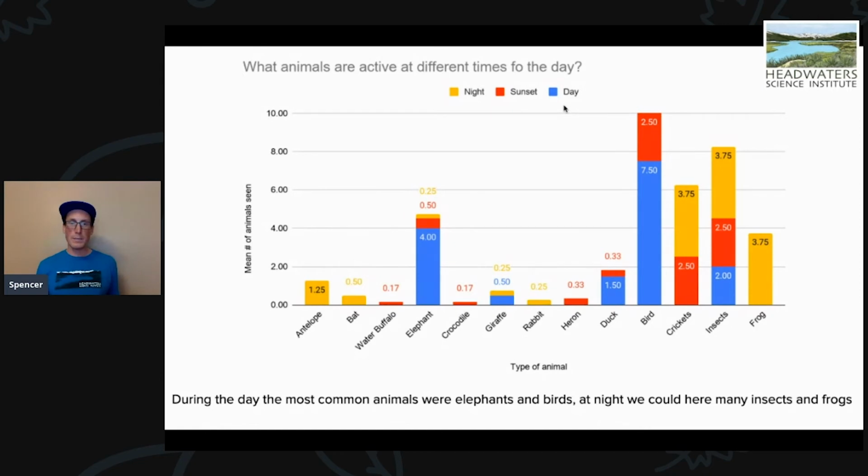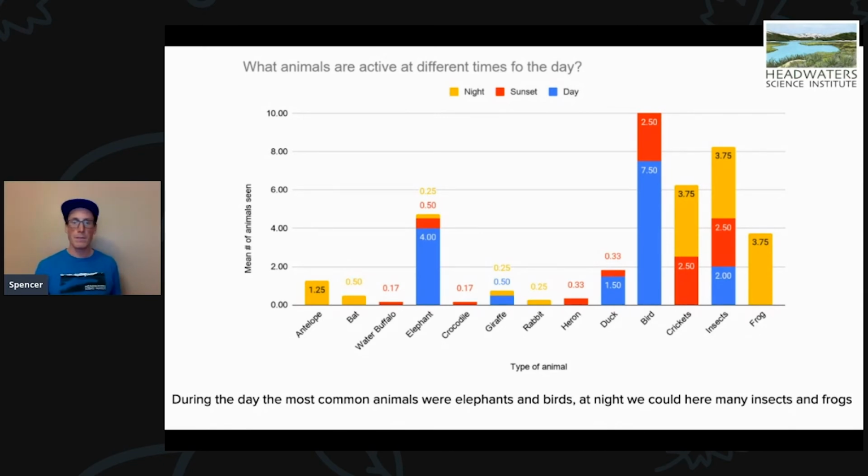As you can see, during the day, we saw a lot of birds and elephants right here. We saw different types of animals during the night and the day. As you can see, we only saw antelope at night as well as bats. And things like frogs, we didn't actually see, but we could hear a ton of them on the microphone from the webcam.